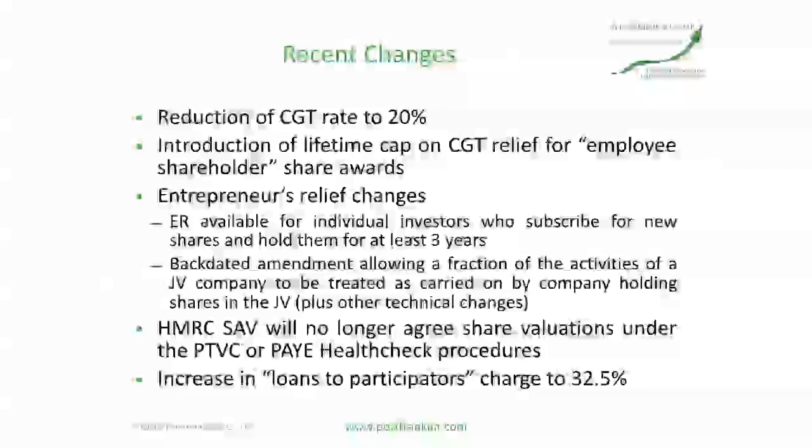So previously they had a PAYE health check procedure under which you could submit a valuation to HMRC and ask them to agree that you had operated PAYE on a reasonable best estimate of the share value. That wasn't conclusive, in that HMRC could go back if and when the employees put in self-assessment returns and say, well, that might have been the best estimate at the time, so it was reasonable to operate PAYE on it, but we don't think that was the actual value of the shares.